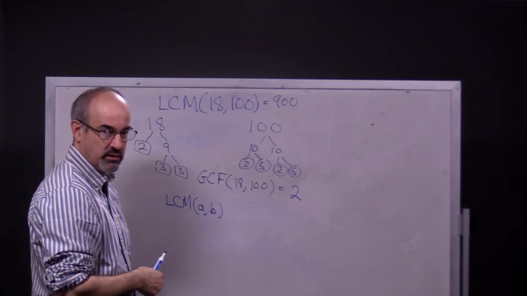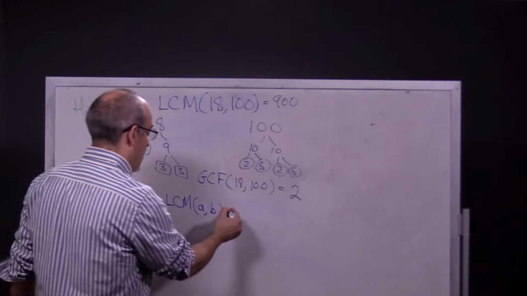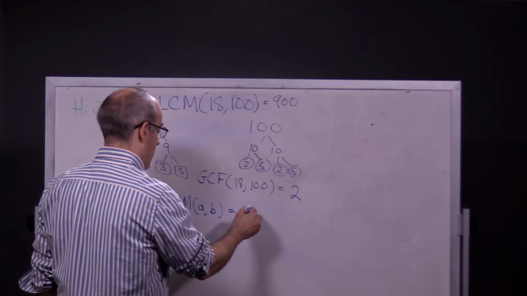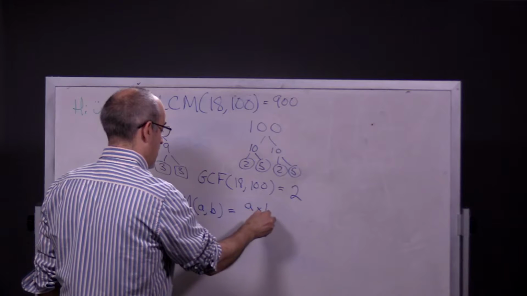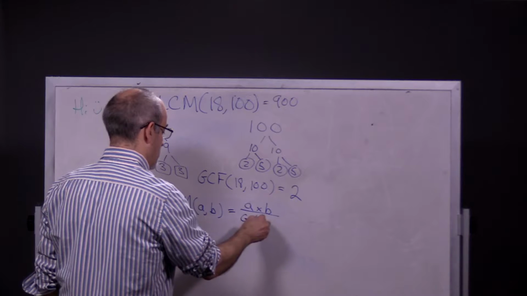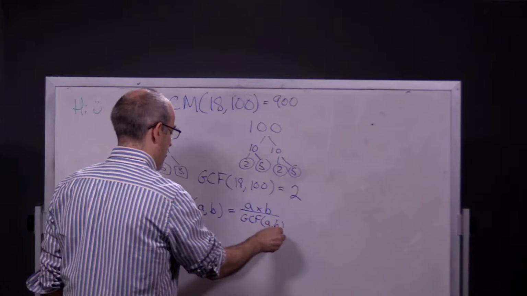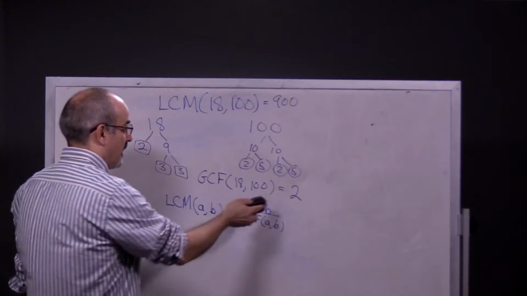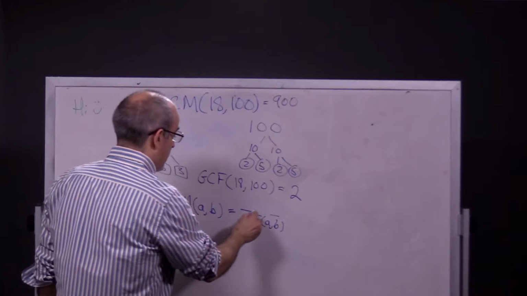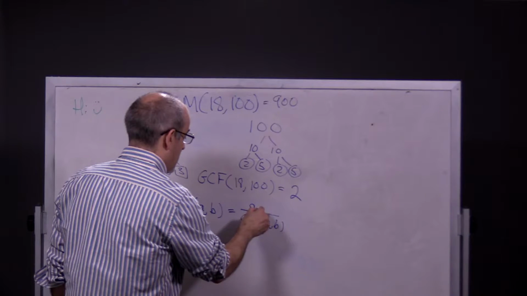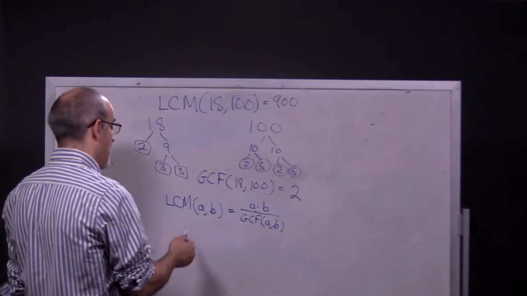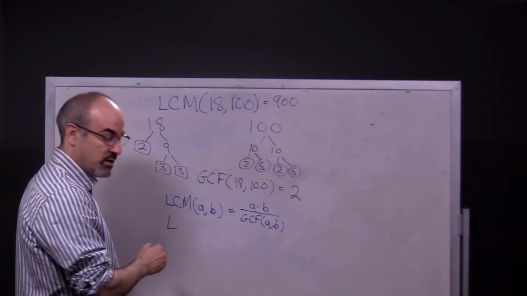We talk about, in general, two numbers, A and B. The LCM of two numbers, A and B, is given by A times B over GCF of A and B. I don't really like to write multiplication like that. You can, but I don't like it. I'll just write A times B over GCF of A and B. So in this example, let's see if we can still see this. Yeah.